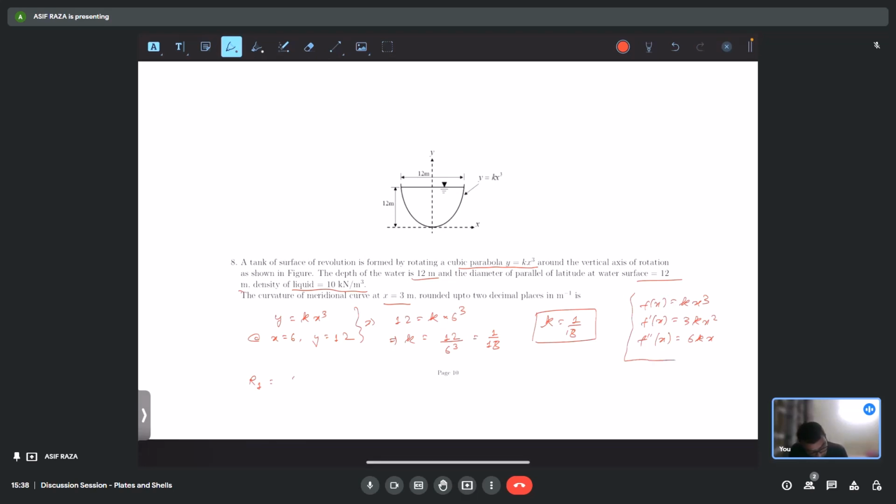The radius of curvature is found by using this relation: r1 equals (1 plus (3kx square) square) to the power 3 by 2, divided by 6kx, that is 1 plus 9k square x to the power 4, to the power 3 by 2, divided by 6kx.